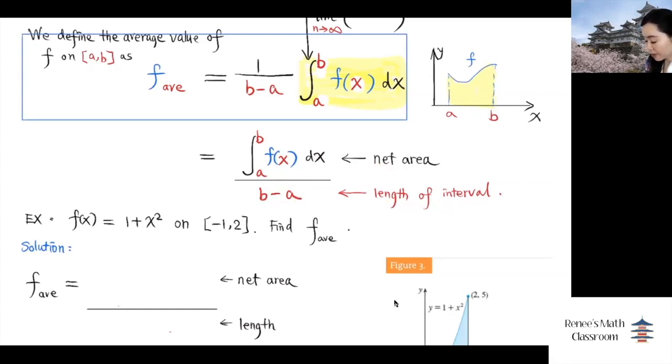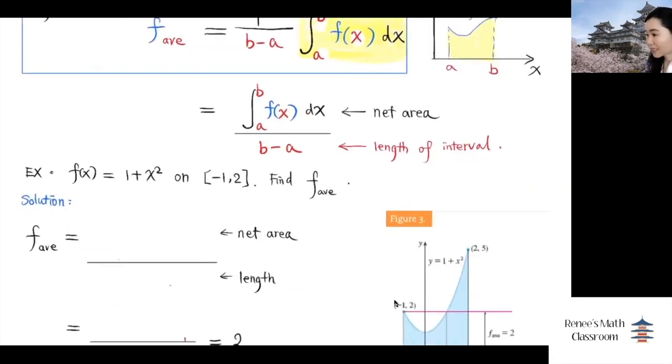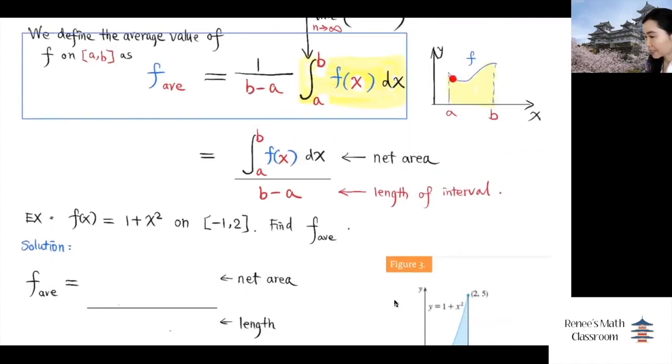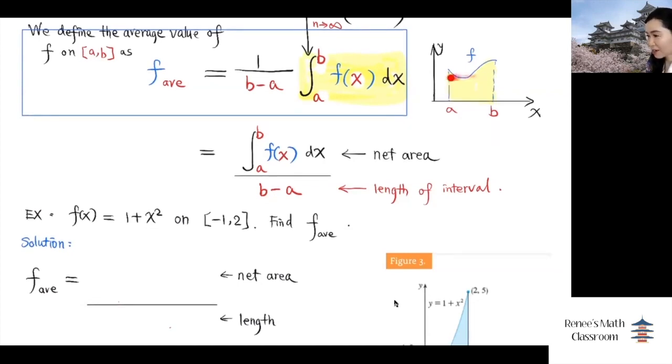So to find the average of this function f on this interval a to b, you find this net area, and then you divide by the length of this interval, b minus a. Then you get the average of the function, which makes sense, right? Think about that. If it's a constant function, then the rectangle divided by the length will be the height, which is the average.